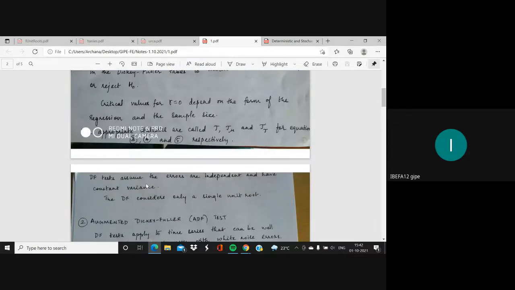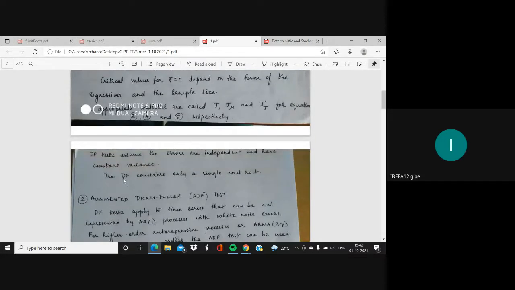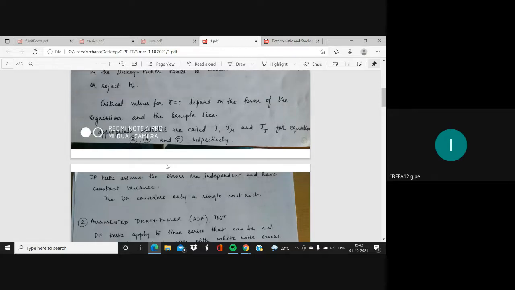Now, one important factor in all these tests is that they assume that the errors are independent and have constant variance. So basically, they're assuming that the errors are white noise, serially uncorrelated, with constant variance. Another factor to remember is that the Dickey-Fuller test considers only a single unit root, since it's assuming that the time series can be described best by a first order autoregressive process.